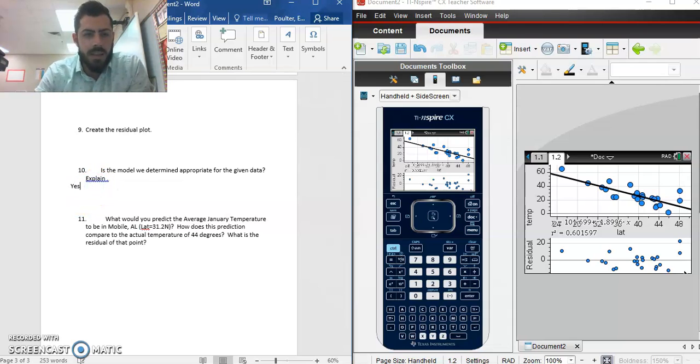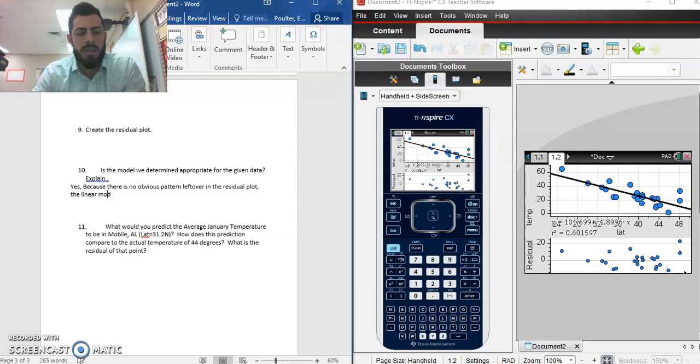So yes, the model is appropriate because there is no pattern, or obvious pattern, I guess we should say, left over in the residual plot. The linear model is appropriate for this data. There you go. That's all there is to it, right? I told you this video is going to be short.